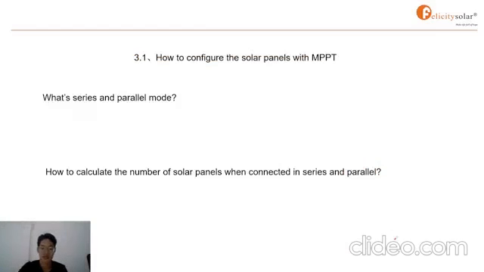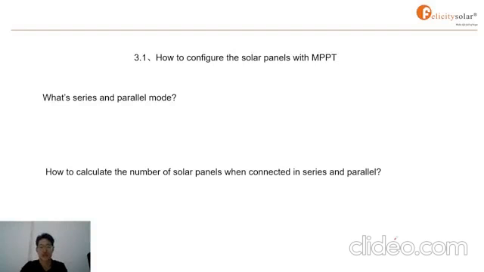After that is the configuration of the MPPT. We know some data just to guide us how to connect our panels and how to match our MPPT solar charge controller. But before that, we need to figure out two questions.